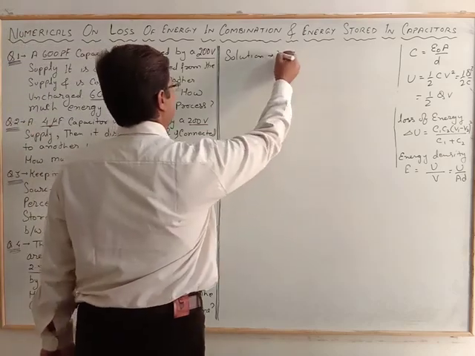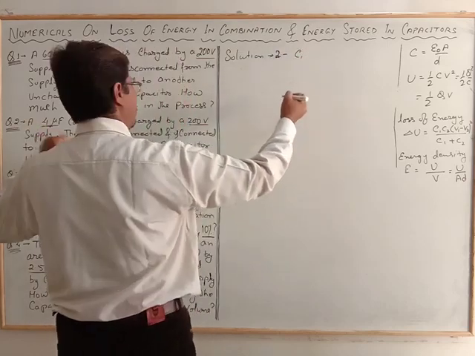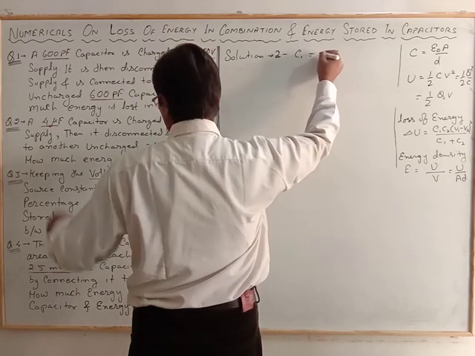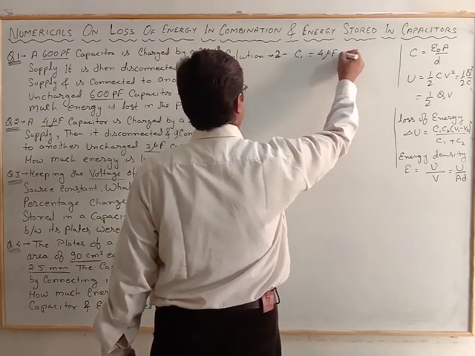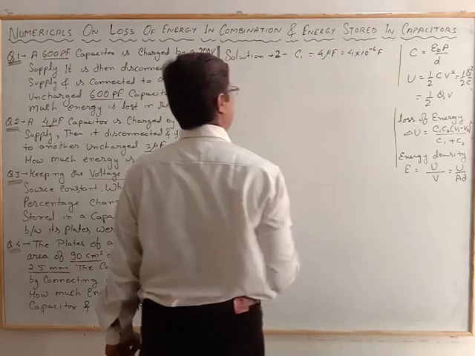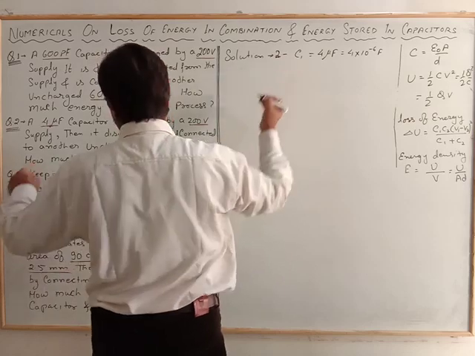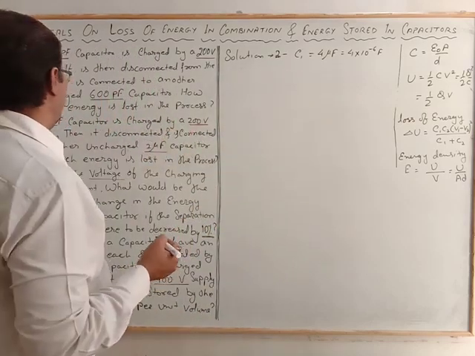So we will write, for solution number 2, C1, the capacitance of the first, is equal to 4 microfarad, sorry, 4 microfarad, and that is equal to 4 into 10 to the power minus 6 farad. And for that C1, it has a potential of 200 volt supply.